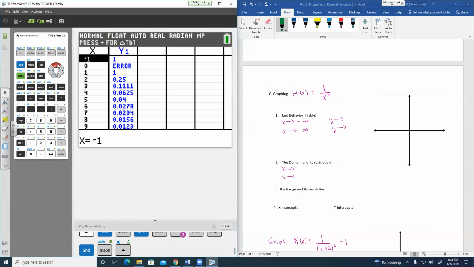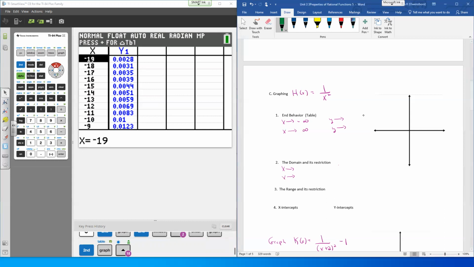If I scroll up, as your x's get further and further away from 0, further and further left, notice that your numbers are getting closer and closer to a specific value. They're getting closer and closer to 0. So you see in a table that as your x's go towards negative infinity, your y values are approaching the value 0.